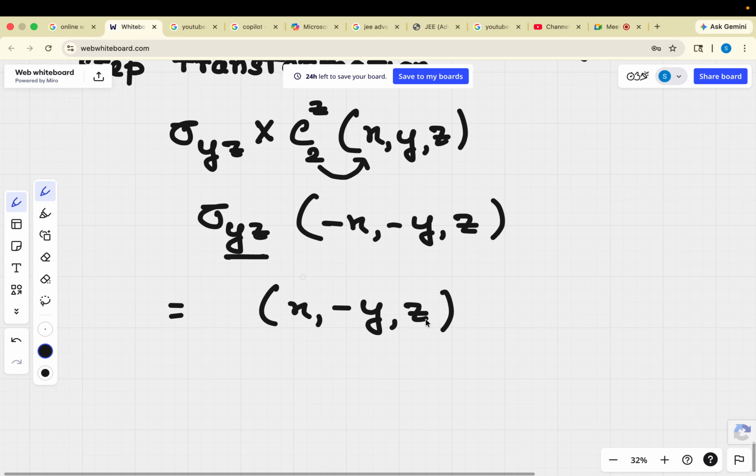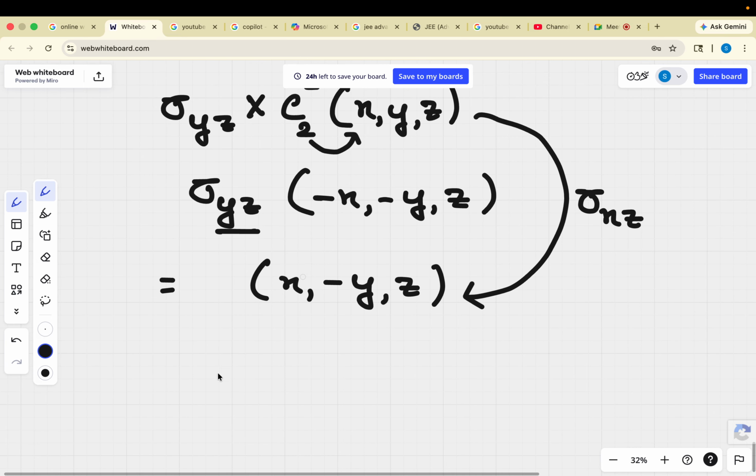And that is actually, from xyz to x minus yz, you can get in a single step. That is your sigma xz, right?